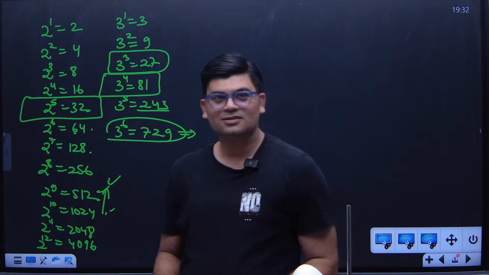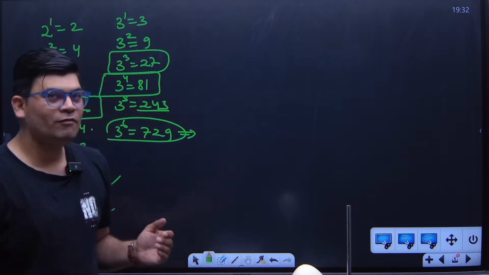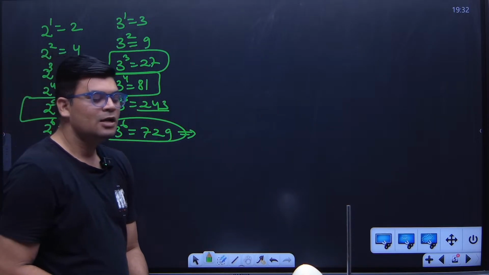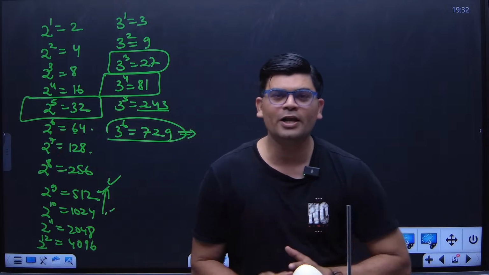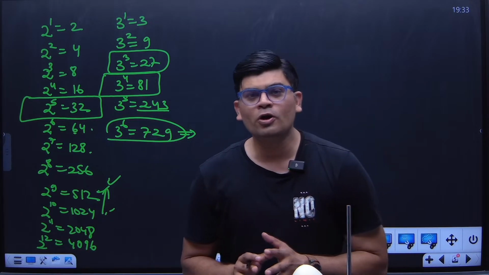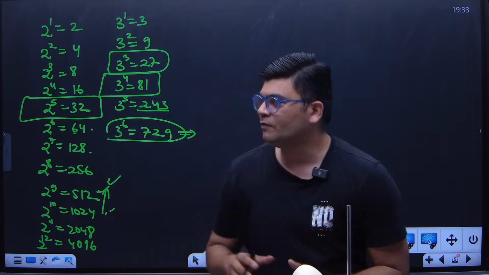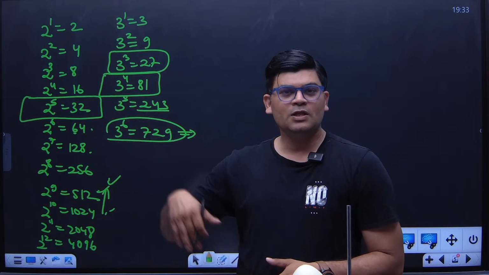Okay. Next, for 4, we will remember up to 4 to the power 6. Now it is very easy. For the powers of 4, you don't need to remember all the numbers because you can link them with the powers of 2.